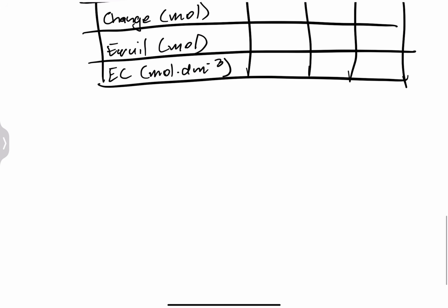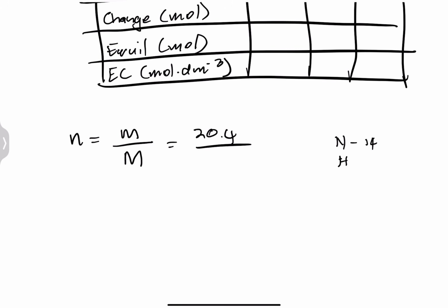So we need to calculate now the number of moles. Number of moles is going to be mass divided by the molar mass. So that's 20.4 divided by the molar mass. In this case, you've got NH3, so nitrogen in the periodic table has a molar mass of 14, and hydrogen has 1. But how many hydrogens do we have? We've got 3. So this is the molar mass of NH3. And please, you do not multiply by the coefficients.